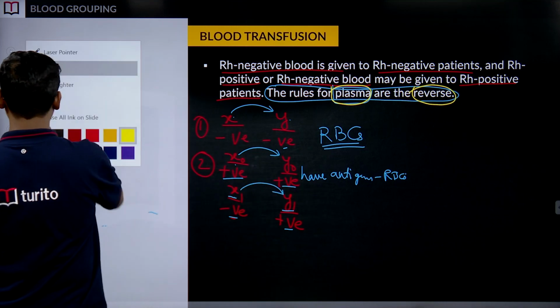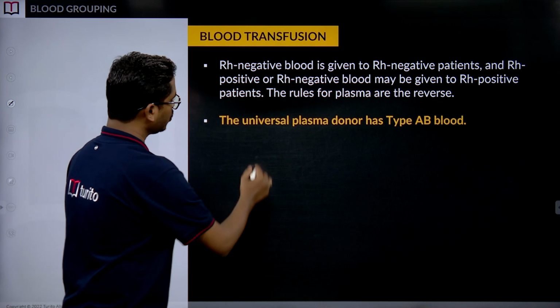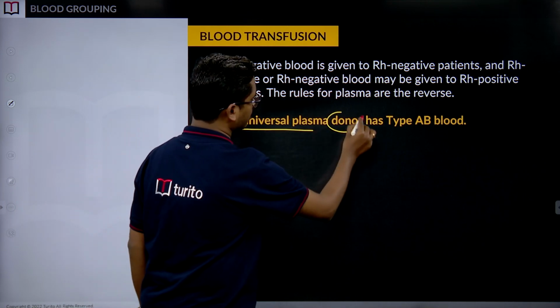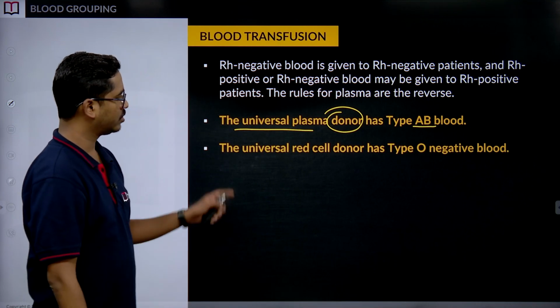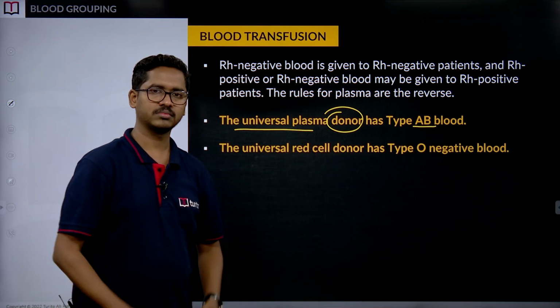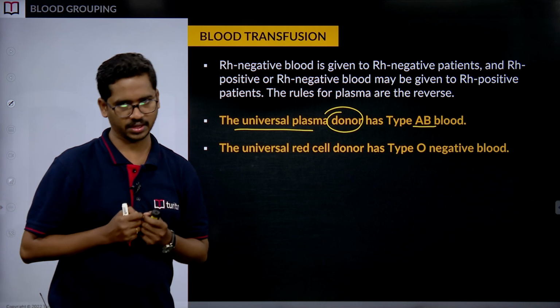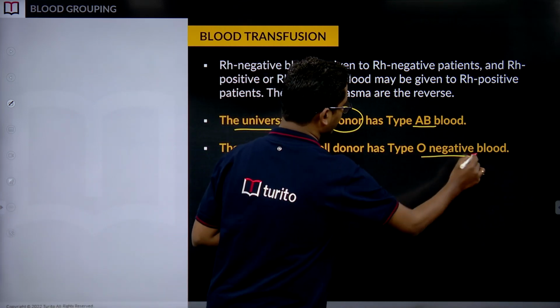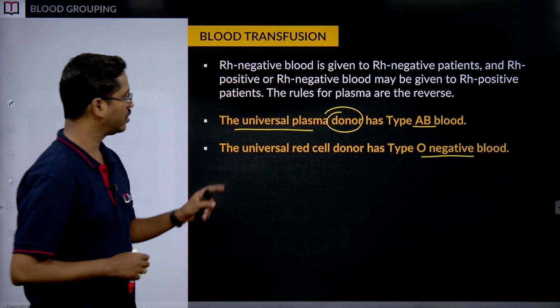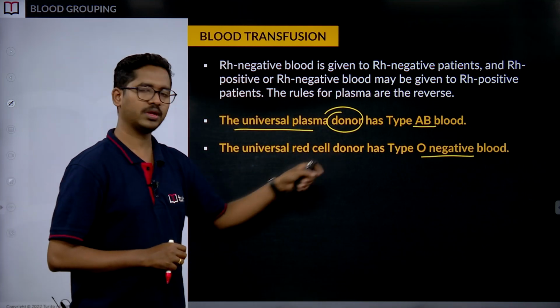Let us move forward. The universal plasma donor has type AB blood group, and the universal red cell donor, that is, the blood we are thinking about, has type O negative blood. That means the universal red cell donor is only about the blood cells.